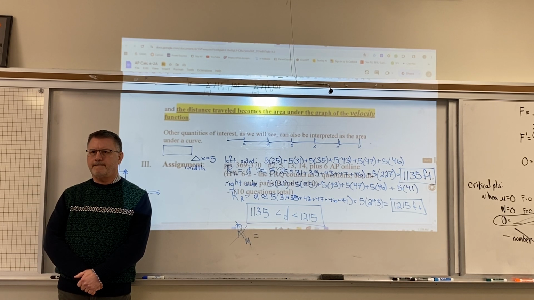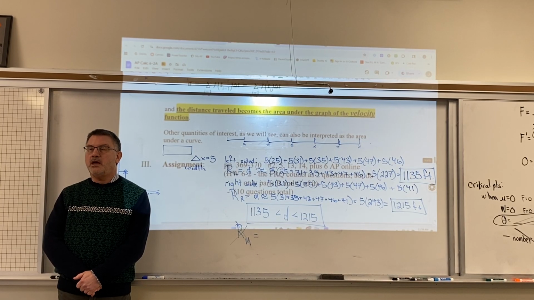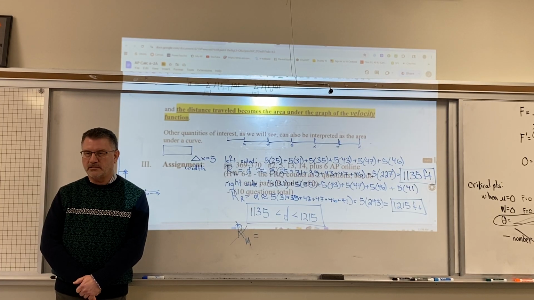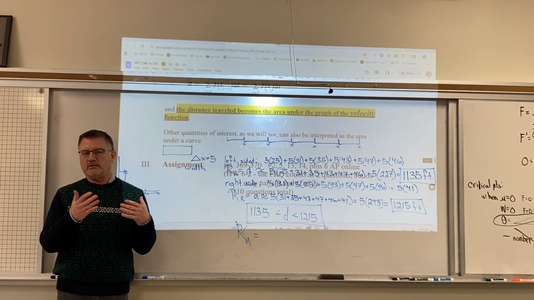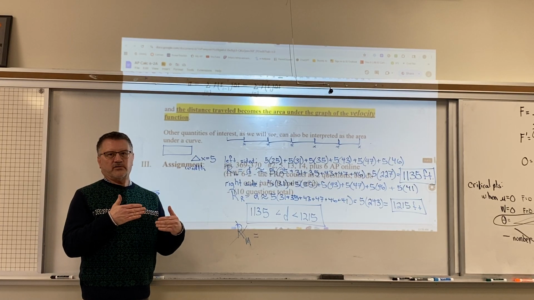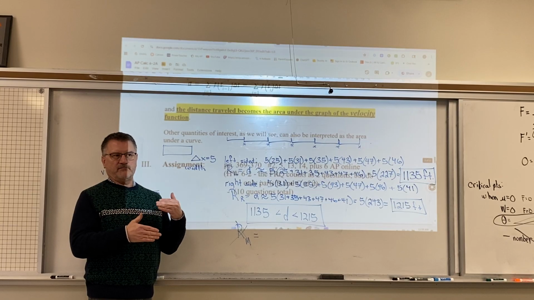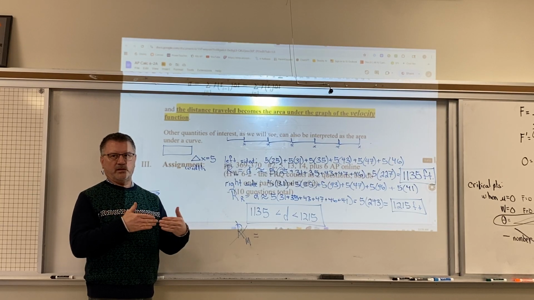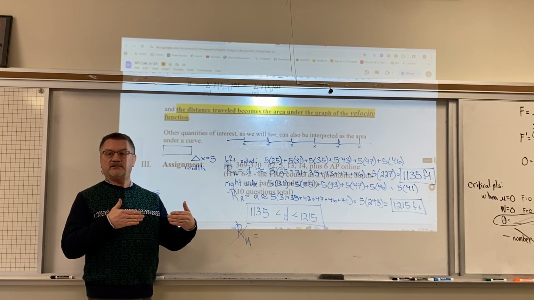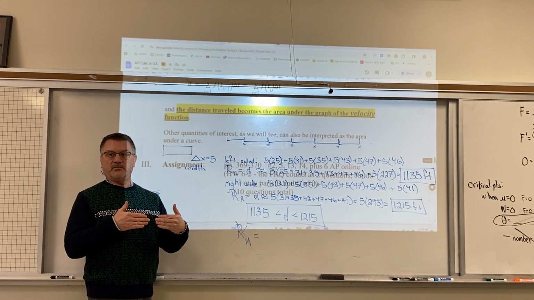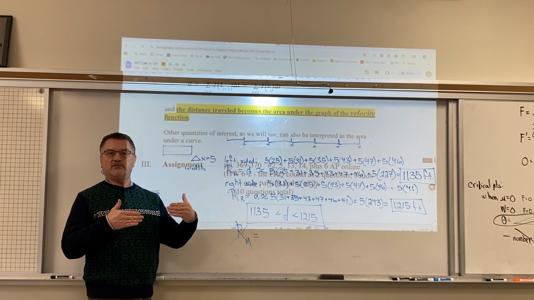Formulaically? Velocity times time. Distance, right, if it's constant, yes, but how are the function for distance and the function for velocity related to each other? Velocity is the derivative of distance. So what does that make distance in terms of velocity? The antiderivative.